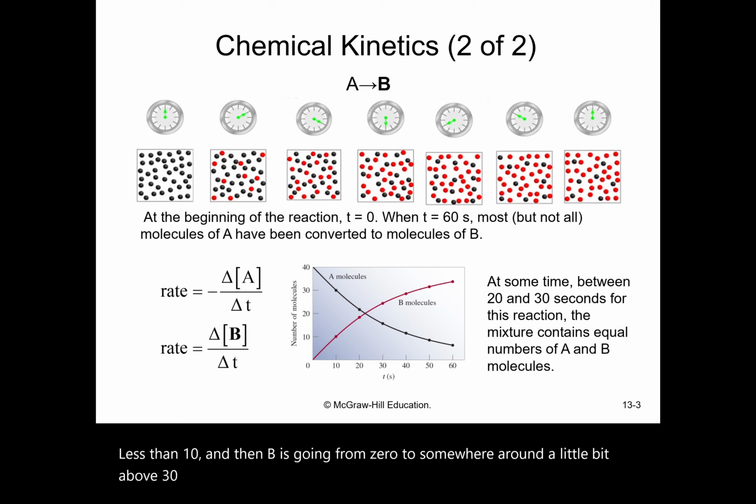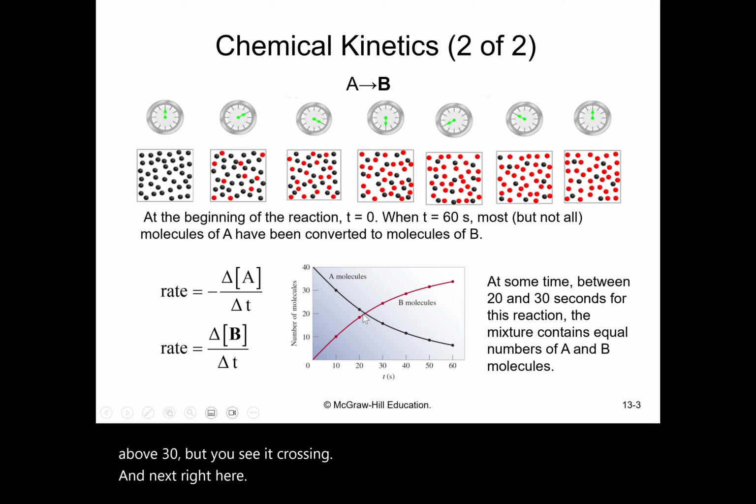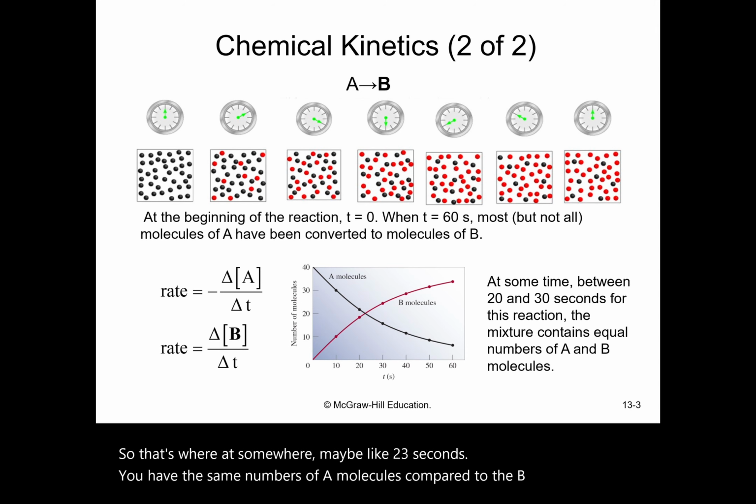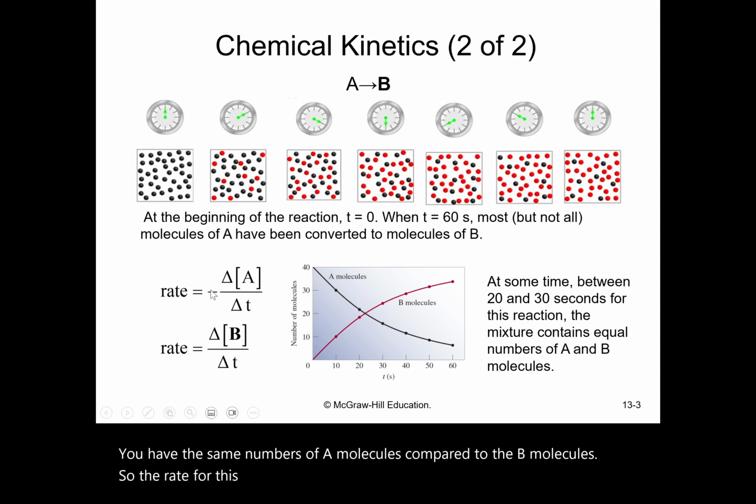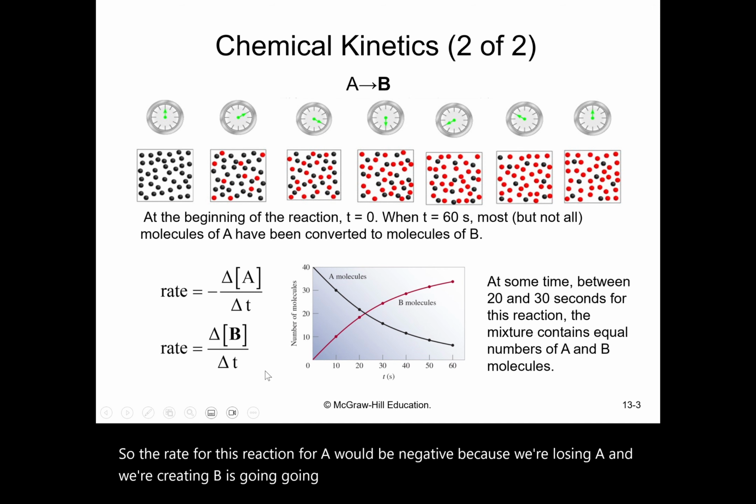But you see it crossing an X right here. So that's where, at maybe like 23 seconds, you have the same number of A molecules compared to B molecules. So the rate for this reaction for A would be negative because we're losing A, and B is going to be positive because we're creating B.